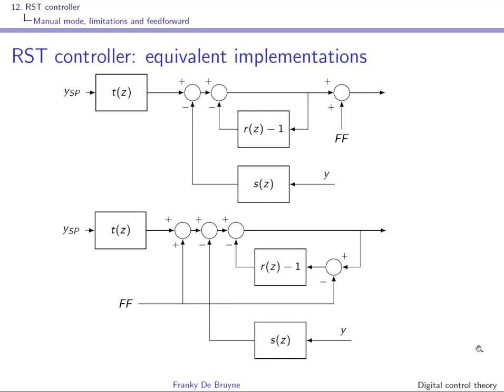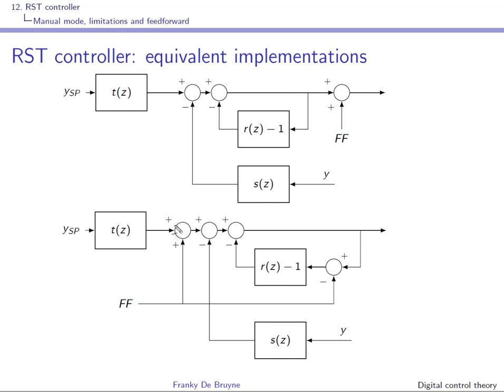So let us take this equivalent implementation that we had found and add feedforward. Well, the idea will be to put the manual mode and the limitation in here. But if you put the limitation here, you'll have a problem because at the end you will add the feedforward and you want the sum of the control action plus the feedforward to be limited. So what we'll do is put the feedforward here at the front.